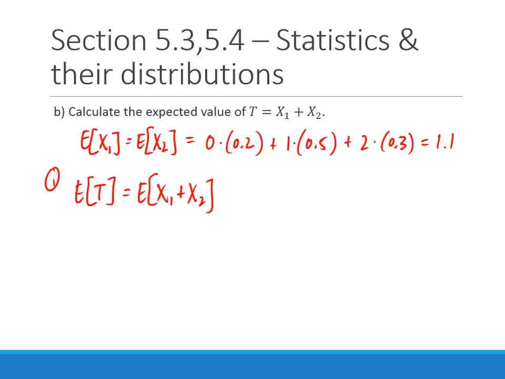How can I rewrite that? Yes, exactly. I can separate them, right? I can take the sum outside the expectation and rewrite them as follows. So the expected value of x1 plus the expected value of x2. So that's just 1.1 plus 1.1, or 2.2.